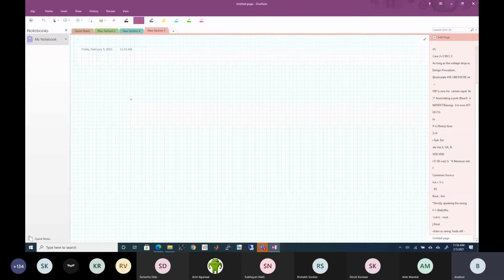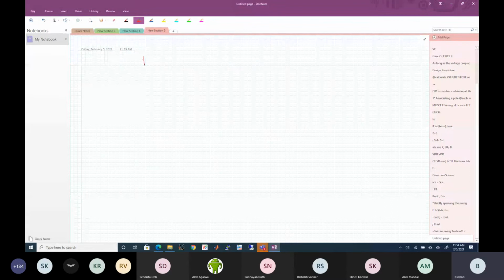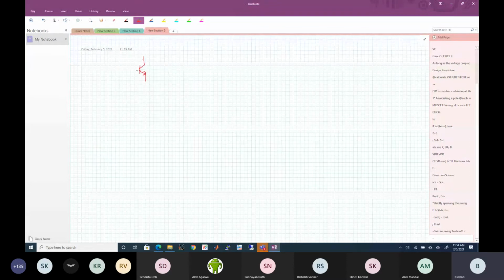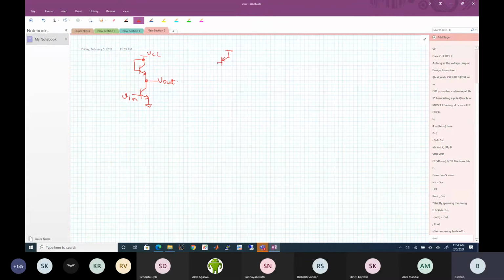So now let us see how we can build it. I will draw a few amplifier topologies using that technique. So the load is like this. This is VCC. This is Vin. This is Vout. I could put a PMOS diode also like this, PNP. Same thing is possible. So this is Q1, Vin, Vout.